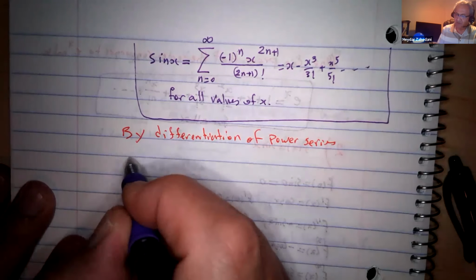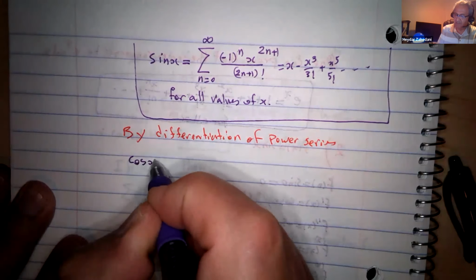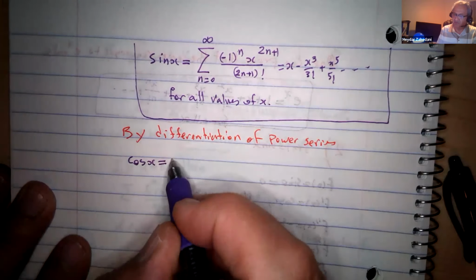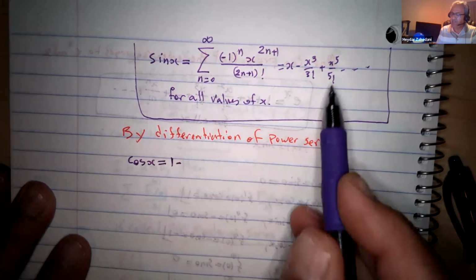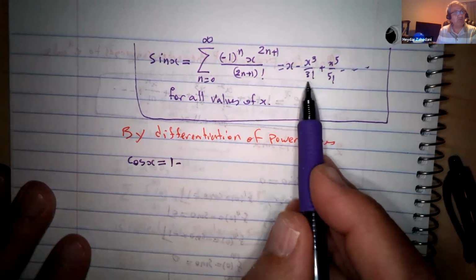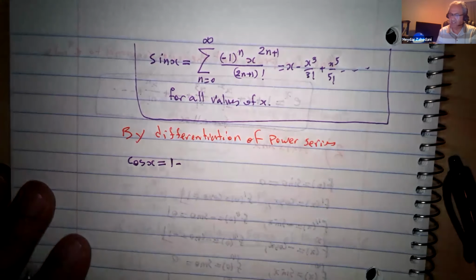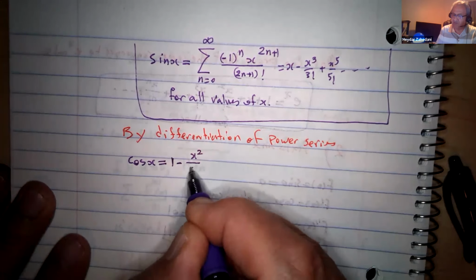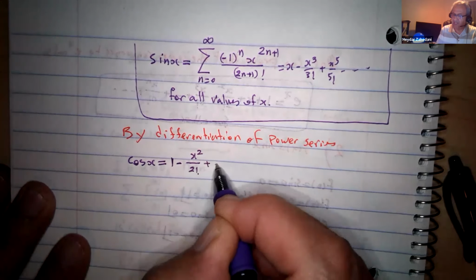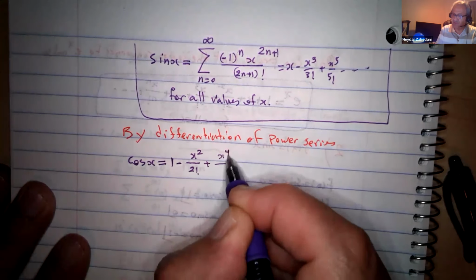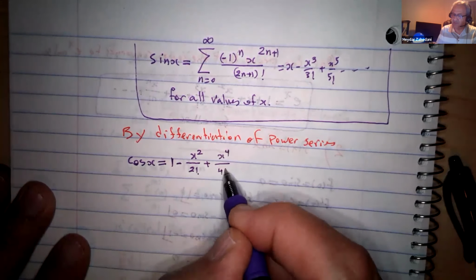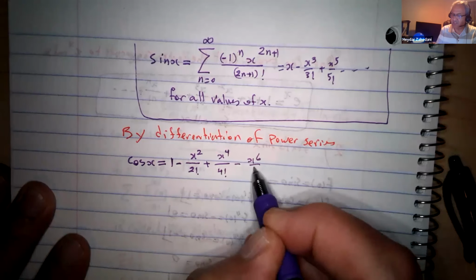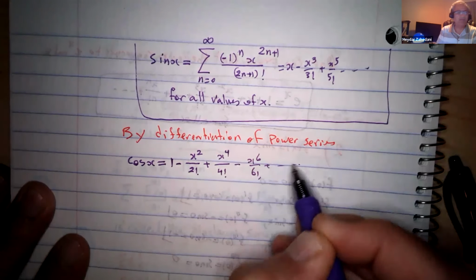You get cosine of x is equal to, you see the derivative of x would be 1. So that gives you 1 minus 3x squared over 3 factorial. 3 factorial would be cancelled out. So you get even power this time. You get x squared over 2 factorial plus x to the 4th over 4 factorial minus x to the 6th over 6 factorial, etc.